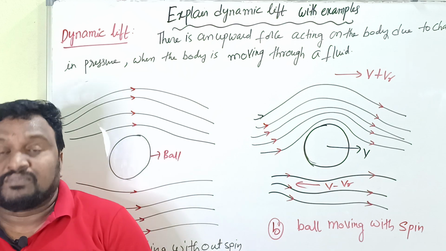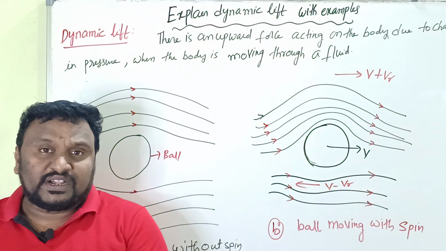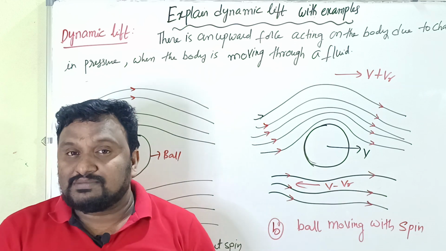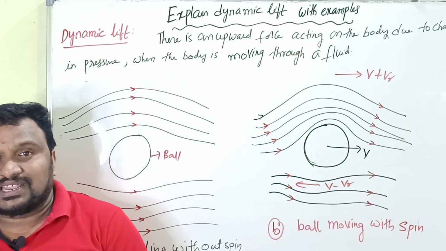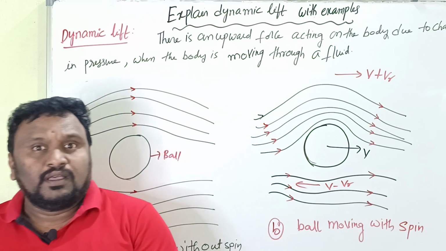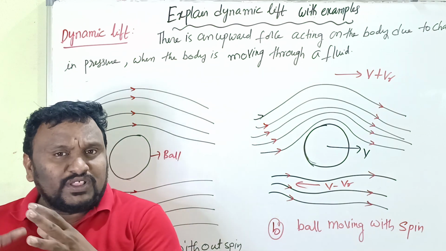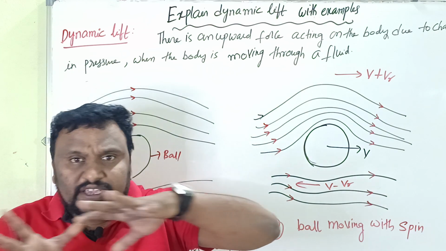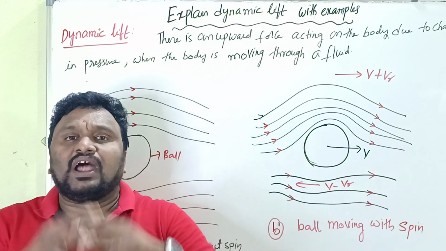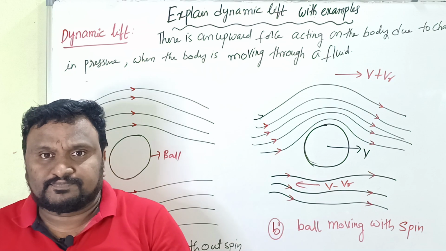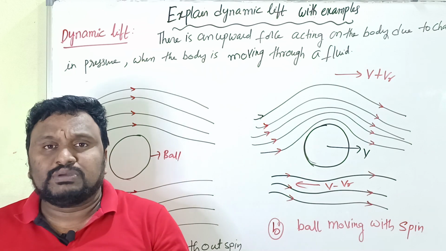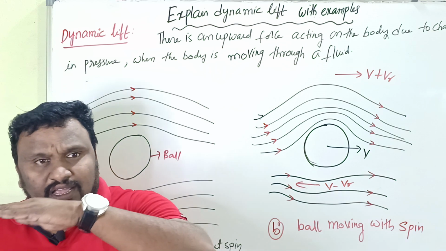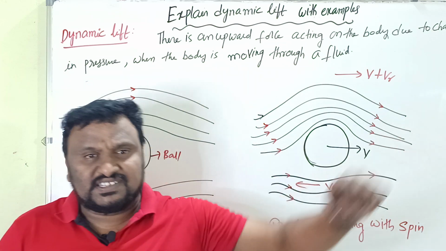Let's see. Before understanding that, first you should have an idea about streamline flow. What is meant by streamline flow? If you imagine fluid as a number of layers, the lines which have the same velocity at different points are called streamlines. In a fluid, at some points the same velocity is there.